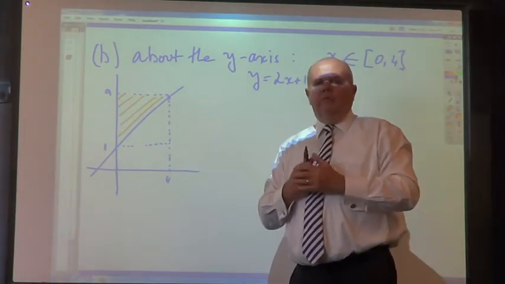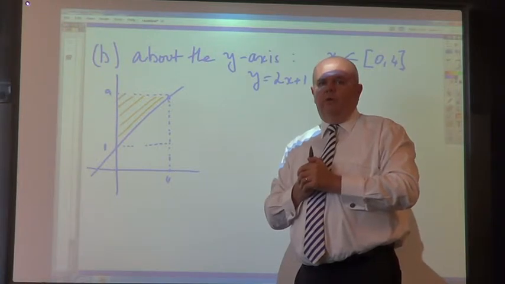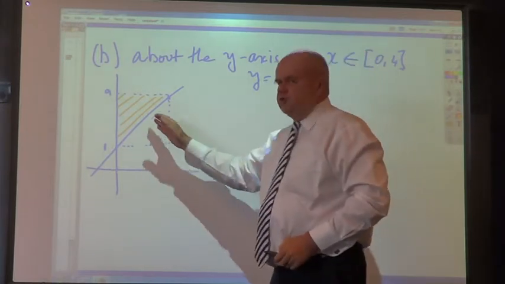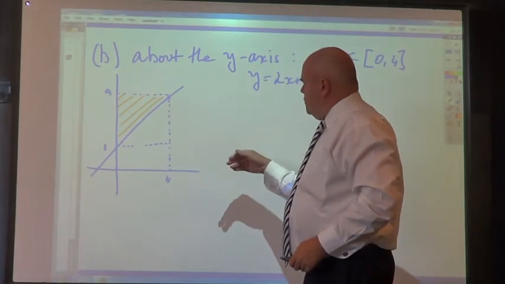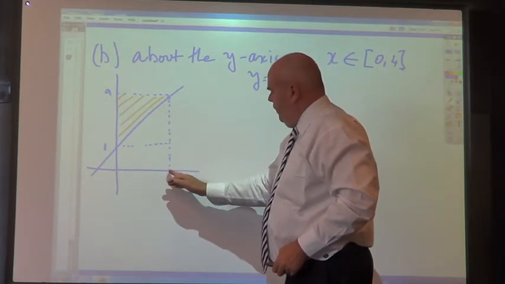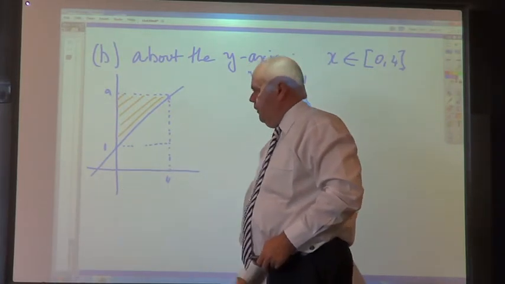Firstly, you're going to have to make x the subject of your equation. Secondly, you're going to need to adjust your limits. You can see that when we rotated around the x-axis, our limits were from x equals 4 to 0.